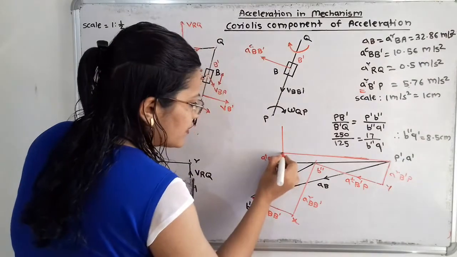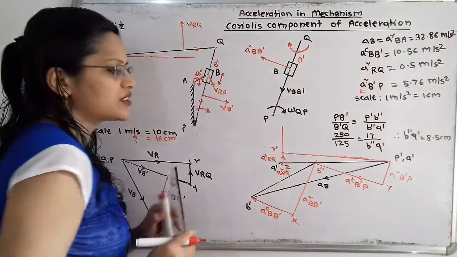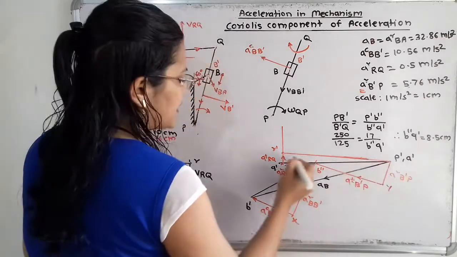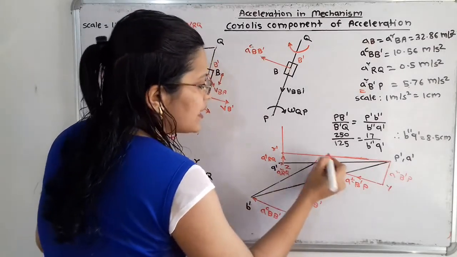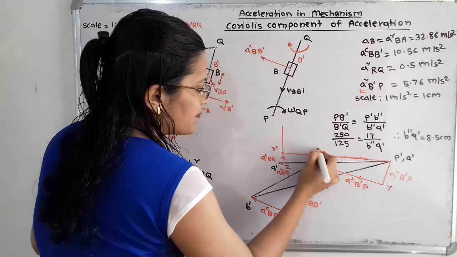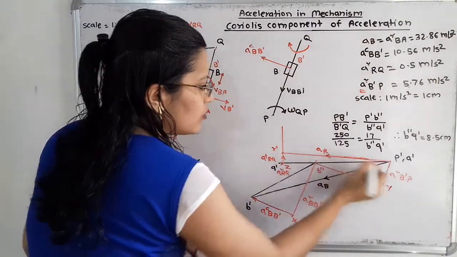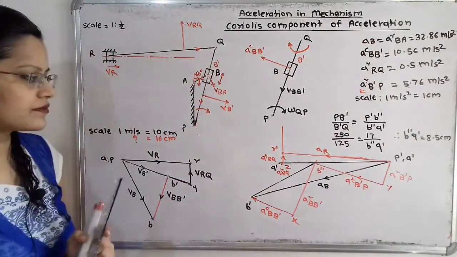And this is the point of intersection, and this point of intersection is nothing but r dash. So here the initial point is p dash and the final point is r dash, and it will indicate the acceleration of this ram R with respect to the fixed point.